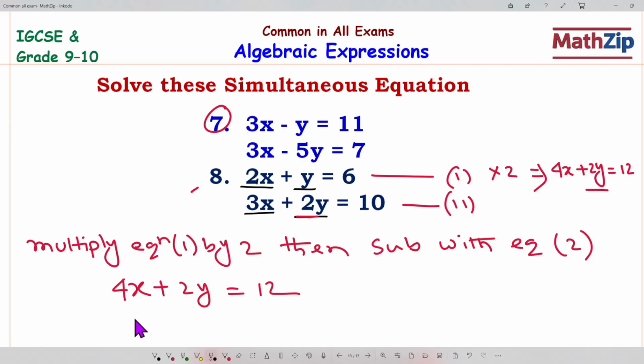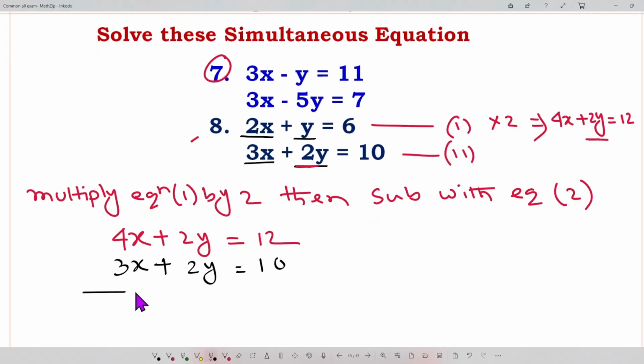And equation 2 is unchanged, 3x plus 2y equals 10. Now we subtract, which means all the signs of the second equation are changed. So plus 2y minus 2y goes out, 4x minus 3x is x, and 12 minus 10 is 2. So we get x equals 2.